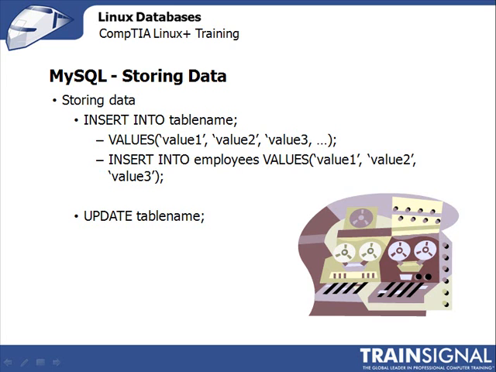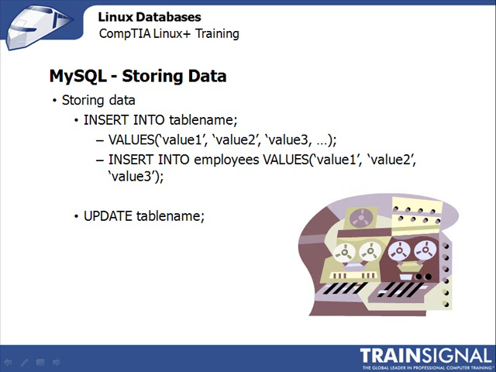Values are enclosed in single quotation marks within parentheses, followed by, of course, a semicolon. For our GlobalManTix employees table, this would look something like insert space into space employees space values, open parentheses, values 1, 2, and 3 enclosed in single quotes and separated by commas. Then you close the parentheses and add the semicolon.